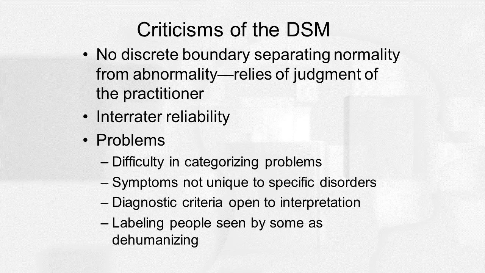Then there's another group of psychologists who just argue, this is a dehumanizing practice. And especially if a person is labeled too early, if we're labeling children, the person becomes that label, it becomes almost a self-fulfilling prophecy. They become their mental health issue.